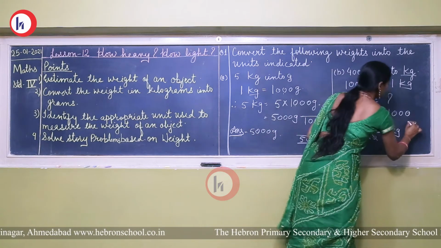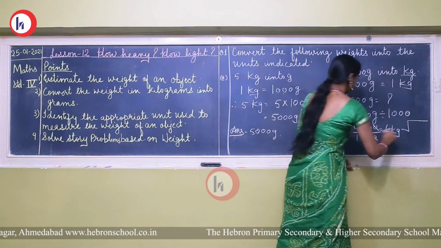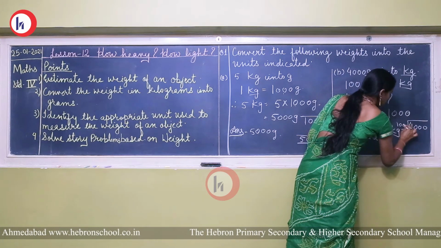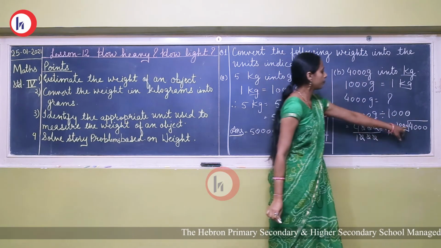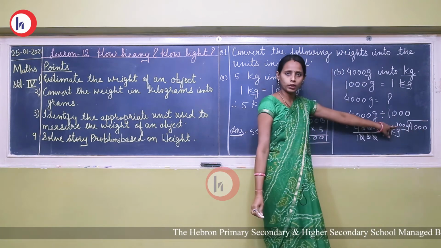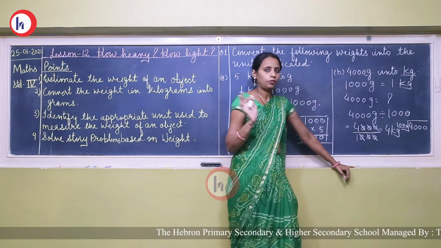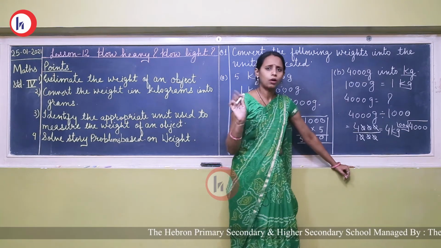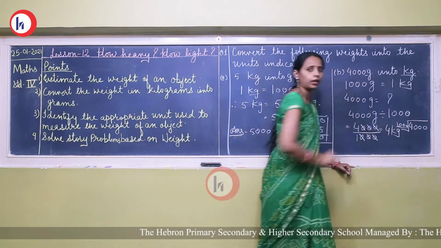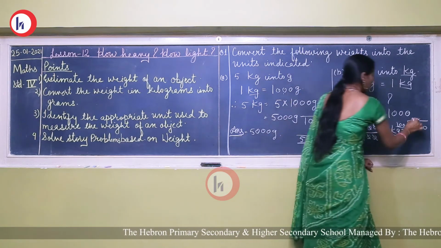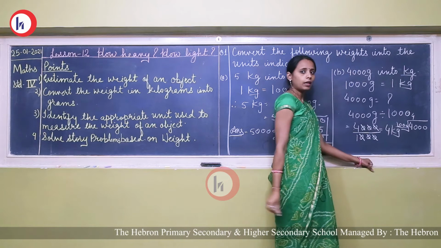If we want to do in the second way, so we will do by this way. See, 4000 divided by 1000. Now see the table of 1000. We don't know the table of 1000, but we know the table of 1. In the table of 1, 4 will come how many times? 4 times. Okay. 1 4s are 4.